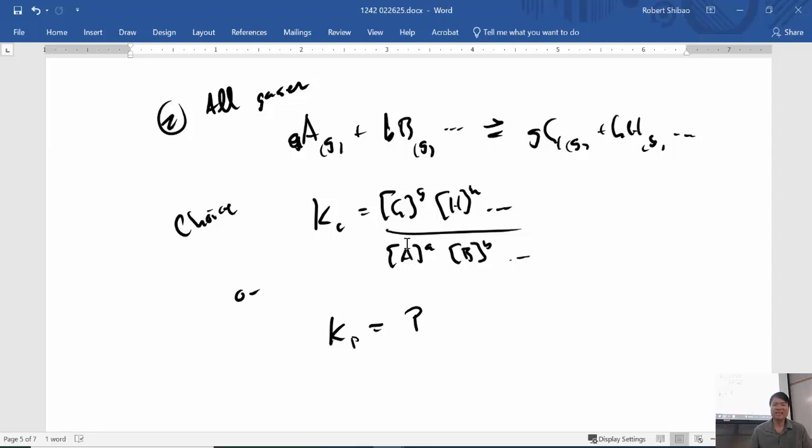And Kp is the partial pressure of gas G raised to the g power times the partial pressure of H raised to little h, dot dot dot, over A to the little a, B to the little b. Kp is what we call Keq.